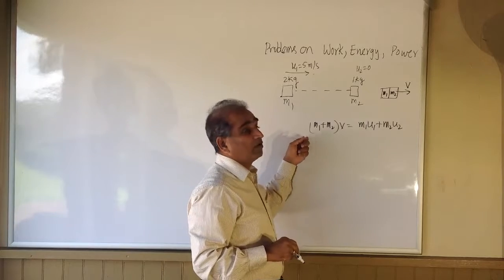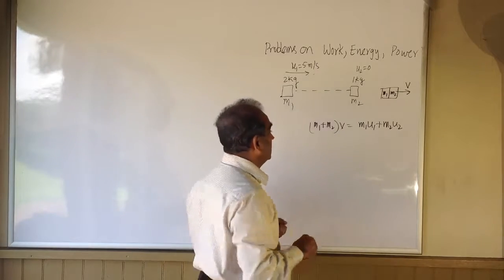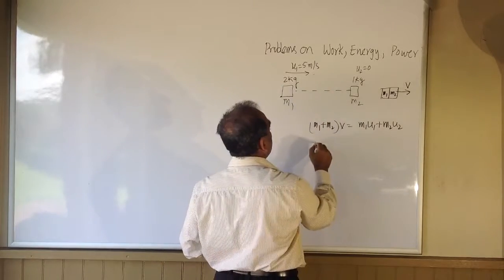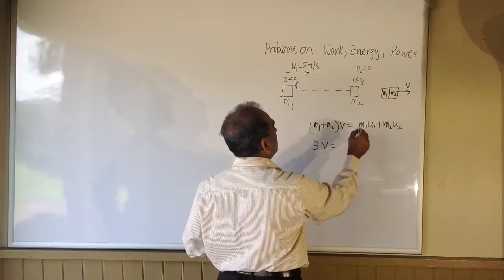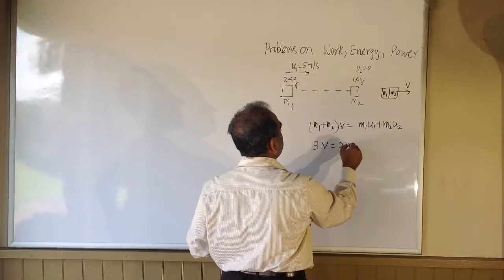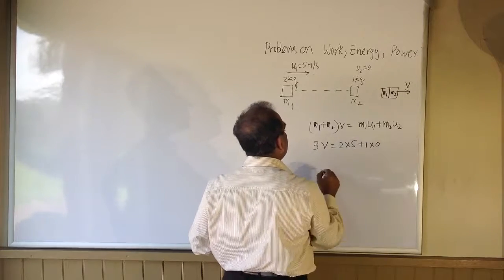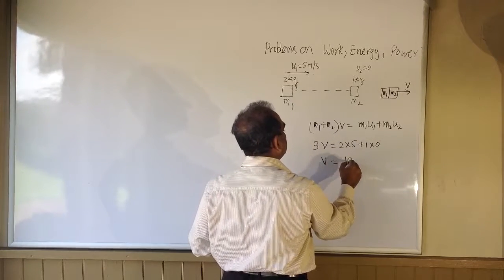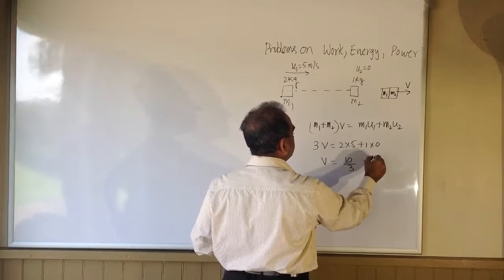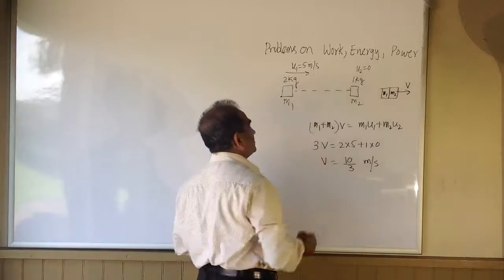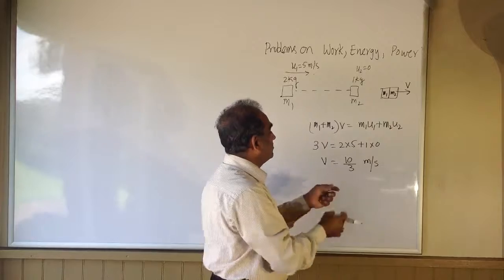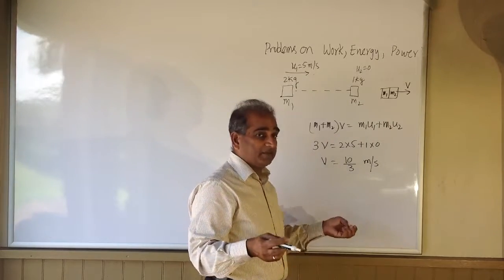So we did a collision problem in a similar way. So m1 plus m2 is 3 kilograms, 3v equals m1 u1, which is 2 times 5, plus m2 u2, which is 1 times 0, which gives v equal to 10 over 3 meters per second. So from 5 meters per second, the combined masses are moving with 10 over 3 meters per second.